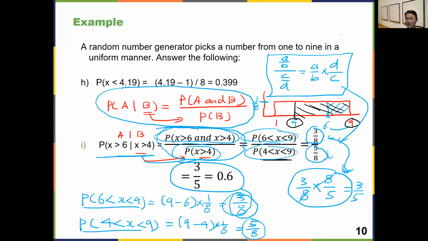So that's the basic procedure that we are using to convert this into a single fraction. A over B, C over D. All right.